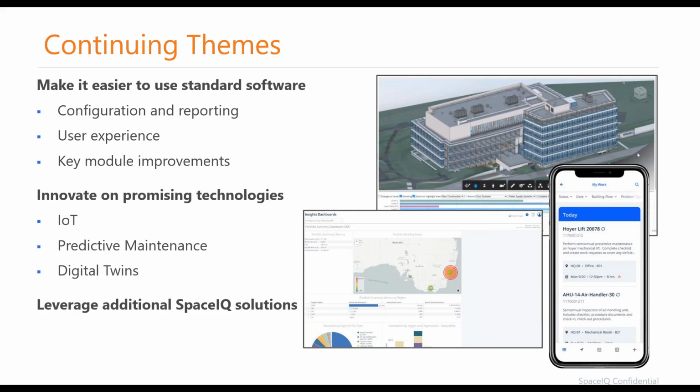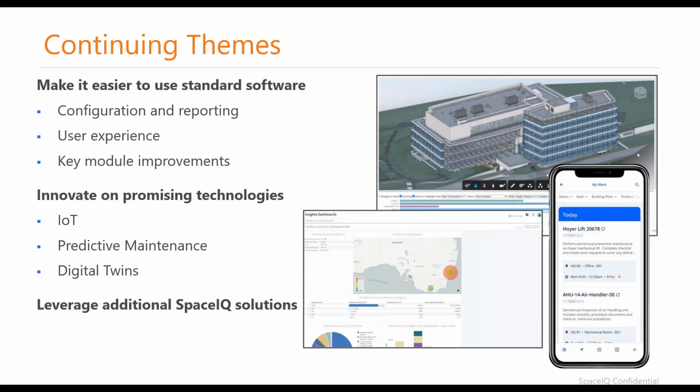Innovating on promising technologies is another area. Badging data, IoT, and other themes as we continue to work on this area include predictive maintenance, being able to hook up to BMS, for example, building management systems, and their analytics in order to raise alerts when they're needed.